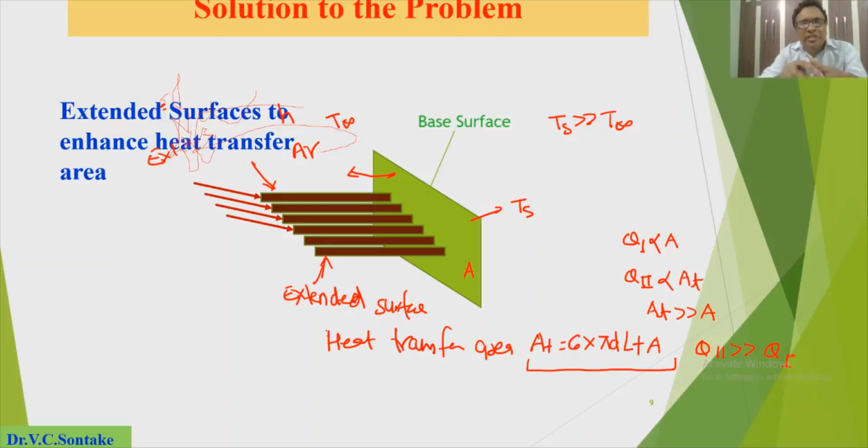And these fins attached to the base surfaces are so effective, they can enhance the heat transfer rate something in the range of 200% to 400%. So that is a very unique feature of extended surfaces.